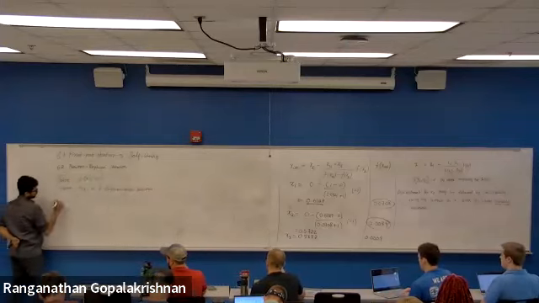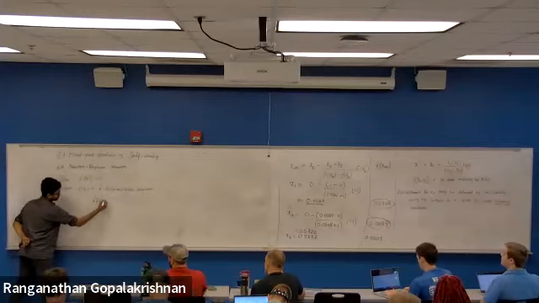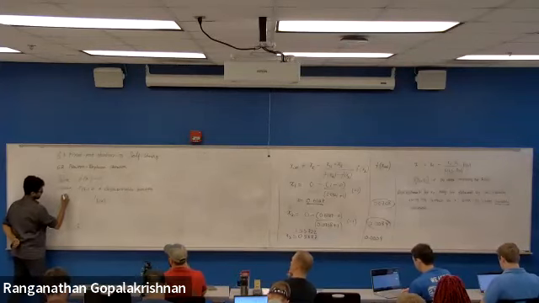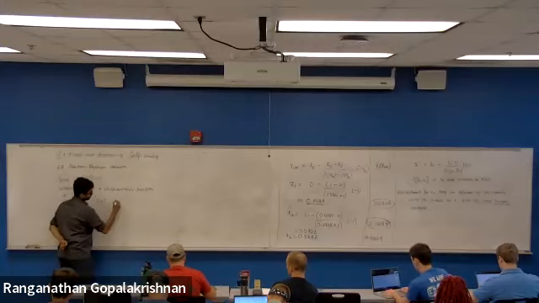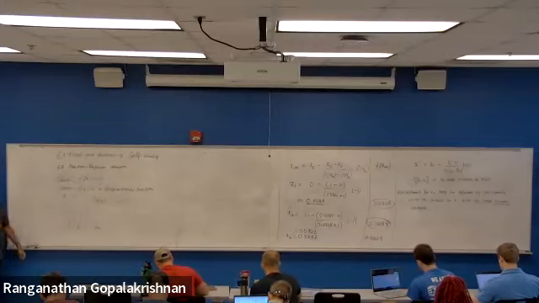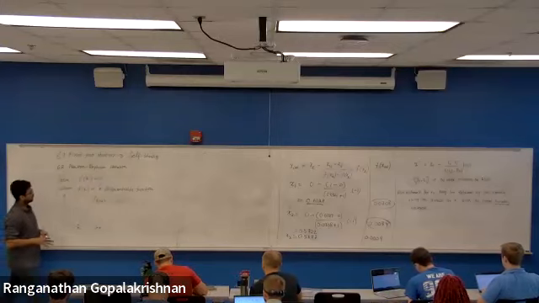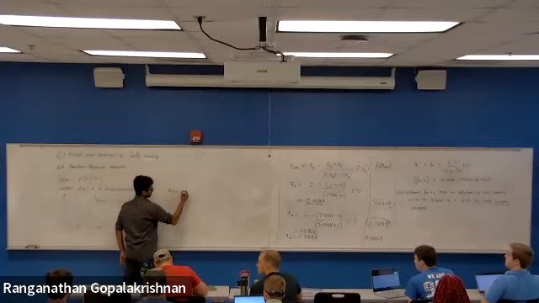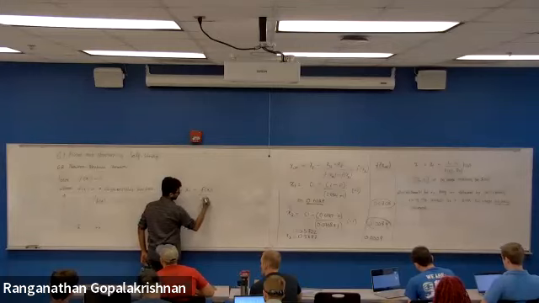Then Newton-Raphson method works by writing x(i+1) equal to x(i) minus f of x(i) divided by f dash of x(i).